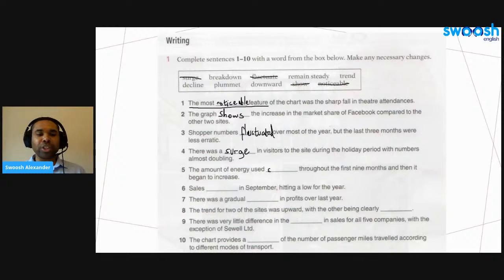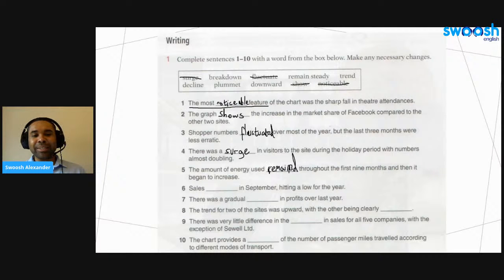It could be a decline, but just looking at the other options, there are other options which we could use for the other sentences. So remained steady would be the answer here. Remember the tense. We're reporting these in the past. That's supposed to say remained.